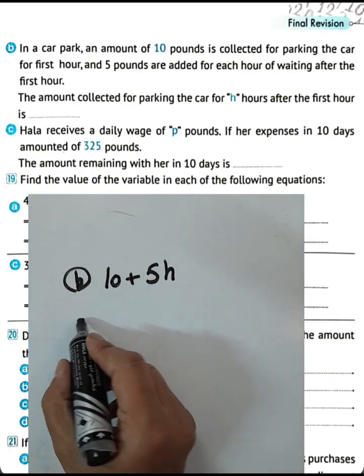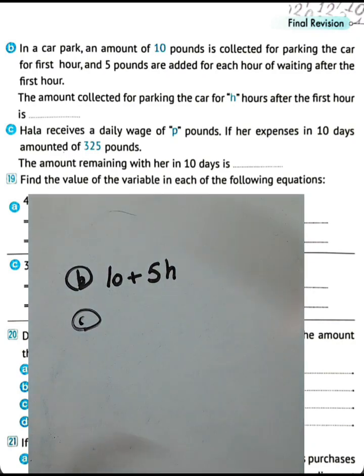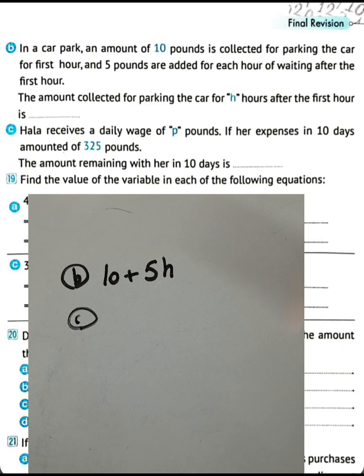Okay, question letter C. Hannah receives a daily wage of b pounds, and her expenses in 10 days amount to 325 pounds. The amount remaining with her in 10 days. Okay, in this example, we must find the relation.